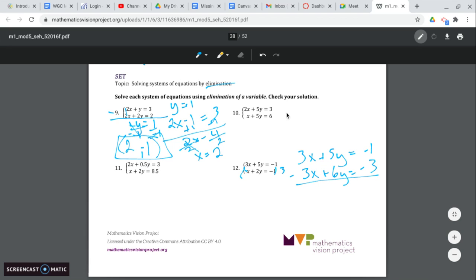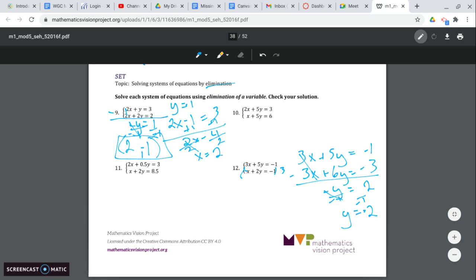We're going to subtract them because, once again, our signs are the same. So 3 minus 3, that cancels. 5 minus 6 is going to be a negative y equals negative 1 minus negative 3. So remember, you have to be super careful with that. It's really adding. So it gives us 2. So we divide by negative 1. And we end up with y equals 2.